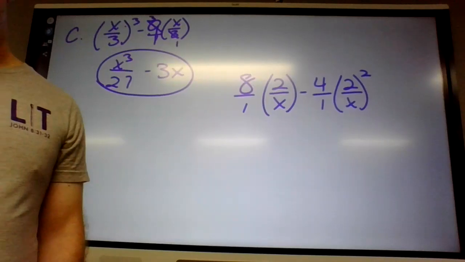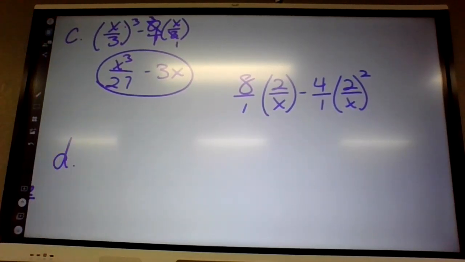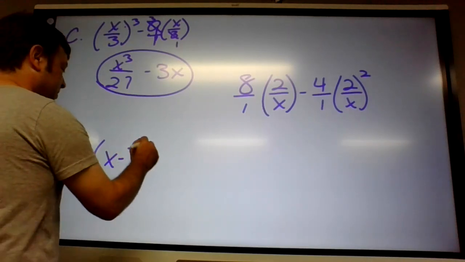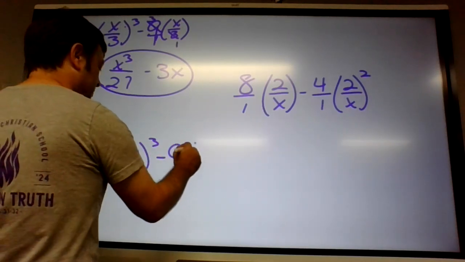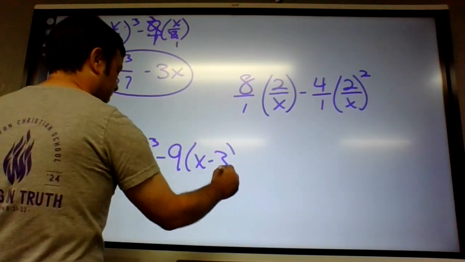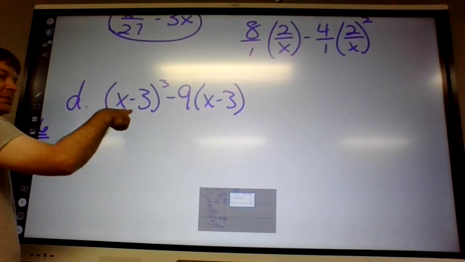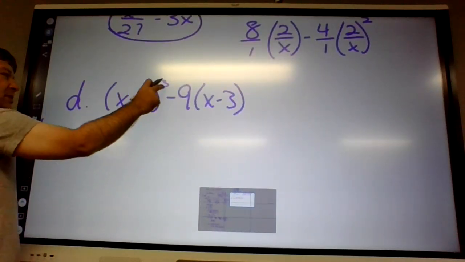Okay, and then D is x minus 3. So x minus 3 cubed minus 9 times x minus 3. I'm just plugging x minus 3 into the problem. Okay, how could I do x minus 3 cubed? What does that mean, cube this?